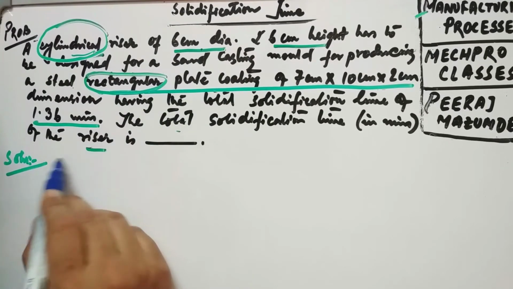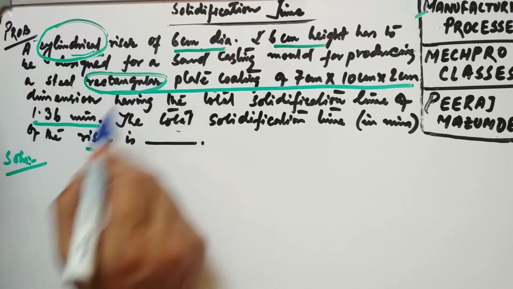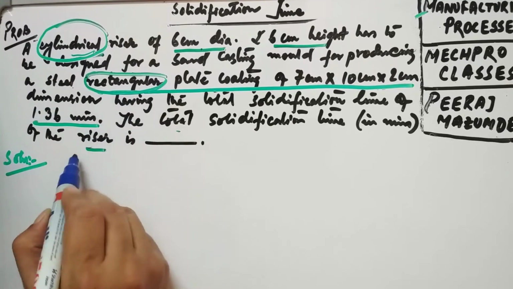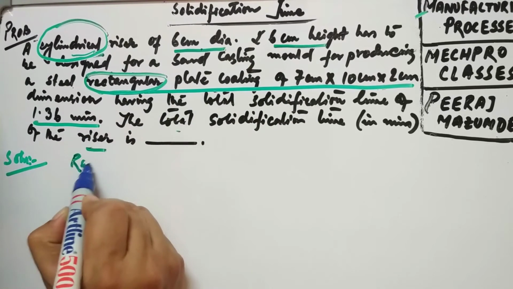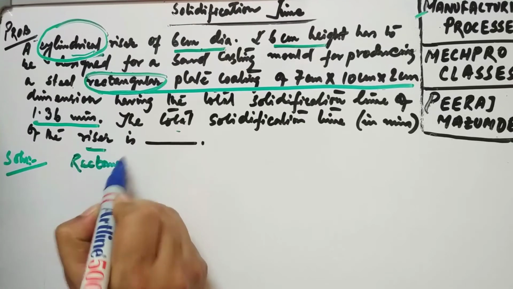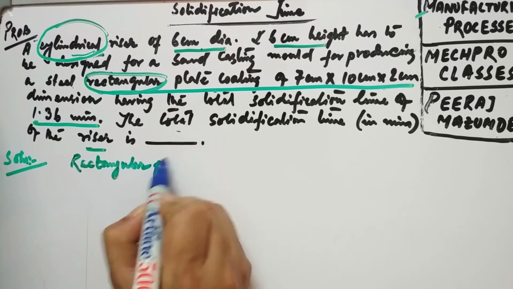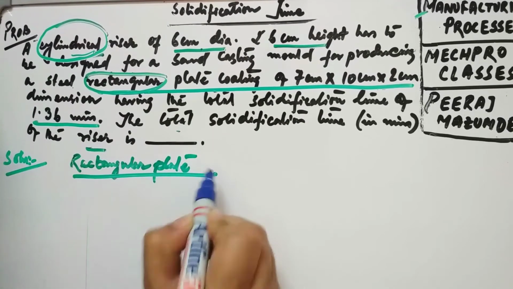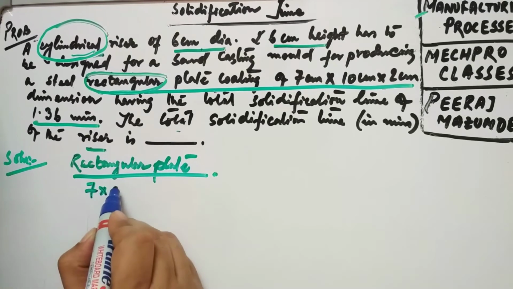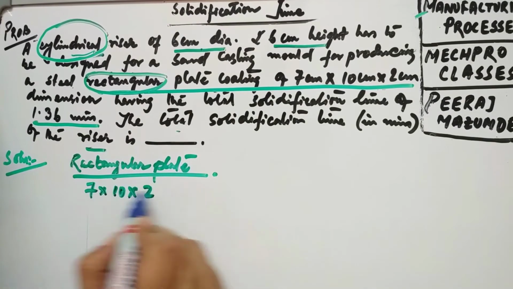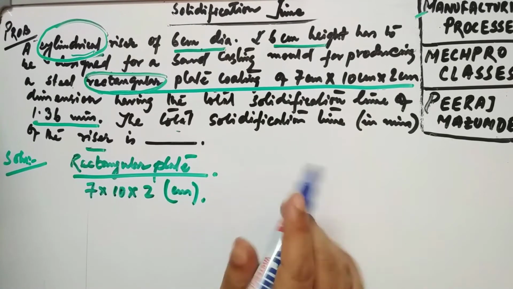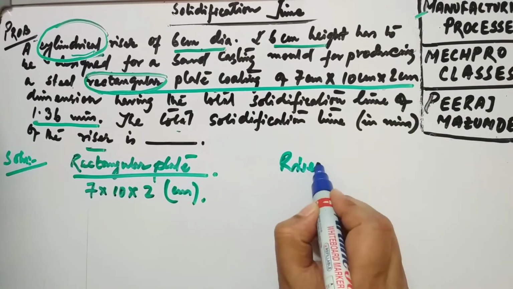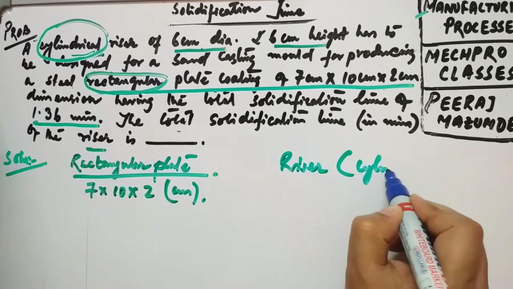Okay, now for this first one, the rectangular plate, I can write the dimension given over here as 7 into 10 into 2, and these are all in centimeters. Okay, and then for the riser it is cylindrical.